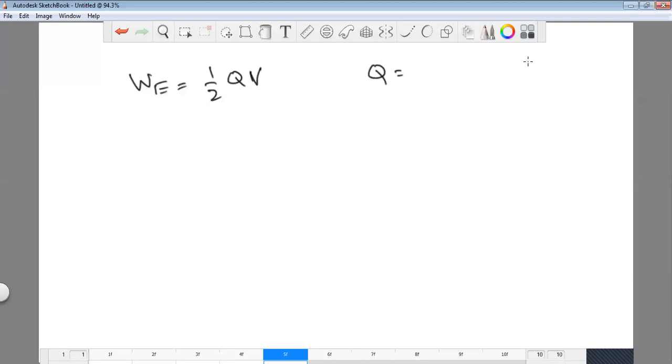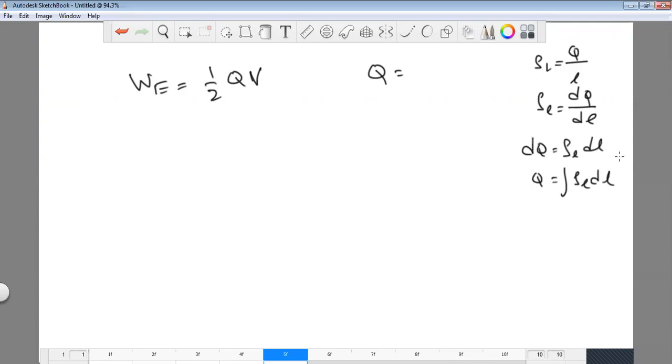For the line charge, rho suffix L is Q by L, and for differential length, dQ by dL, so dQ equals rho L dL, and Q equals the integral of rho L dL. So these are the basic equations obtained in each and every case.